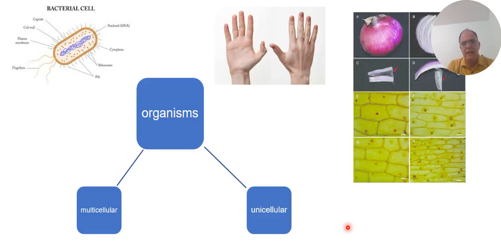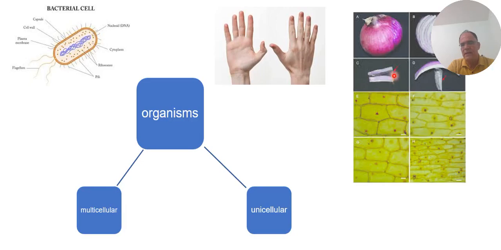Look carefully at the surface of your hand. Can you see the cells of your hand? Definitely not. But in the previous year, you saw the cells from different plants, such as onions.